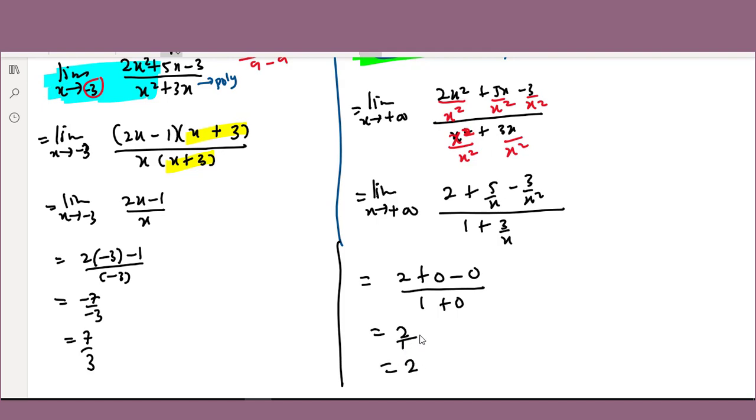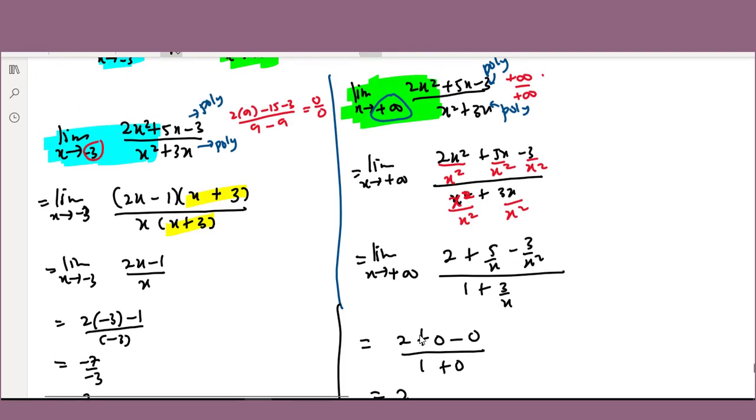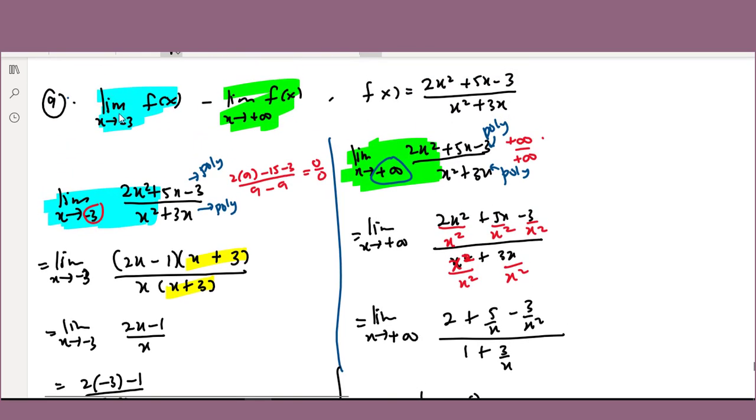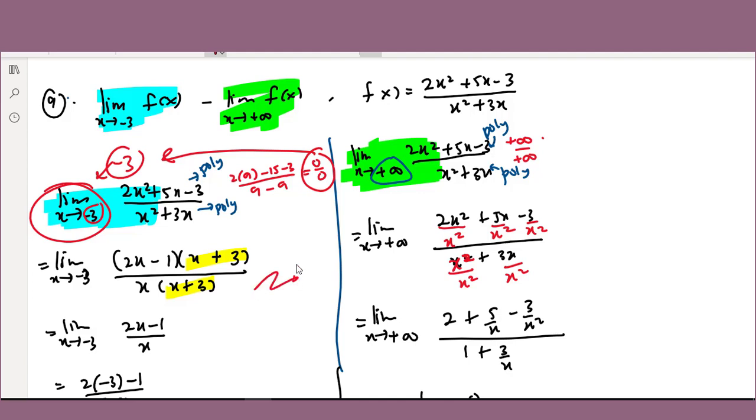Now compare between the two functions. This is limit as x approaches negative 3. Negative 3 is a value. That's why it is indeterminate form. For a value, when polynomial over polynomial, you need to factorize.